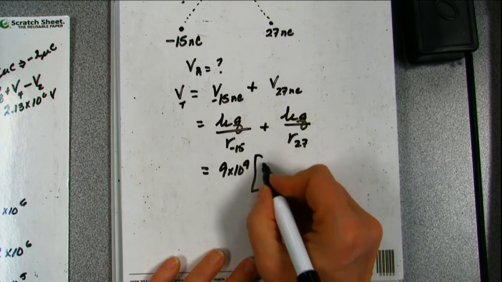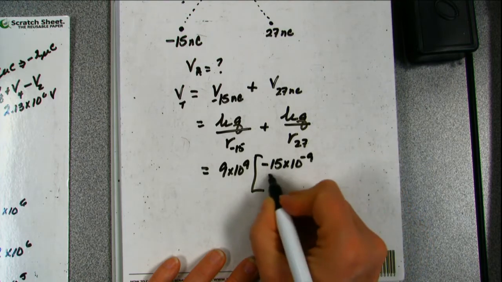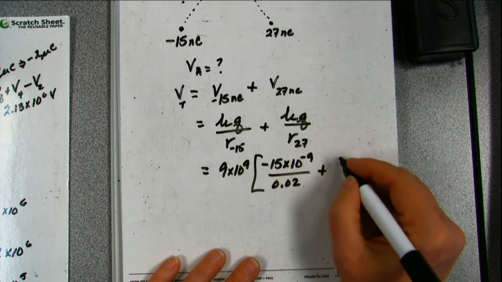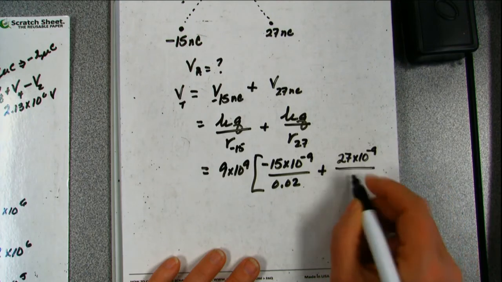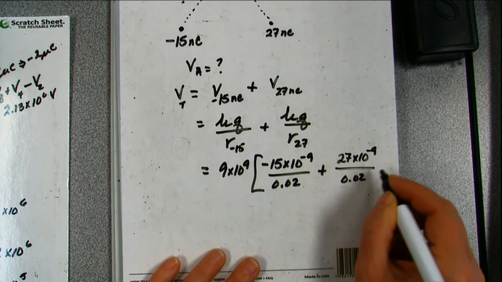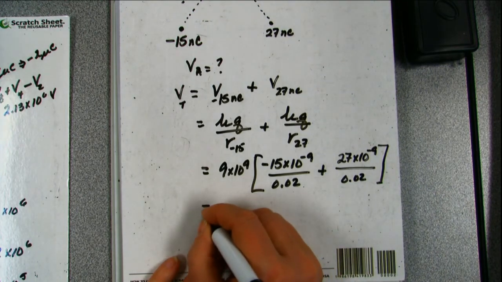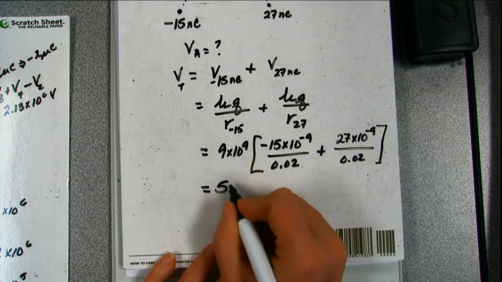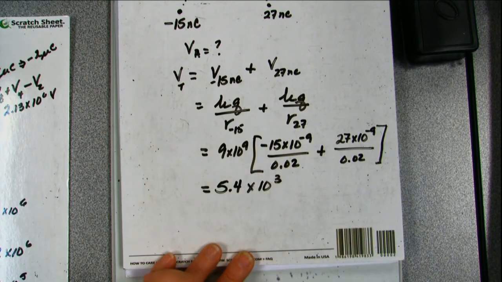And then this becomes negative 15 times 10 to the minus 9 over 0.02, plus 27 times 10 to the minus 9 over 0.02. Plug that into the calculator, and I get 5.4 times 10 to the third, and that's in volts.